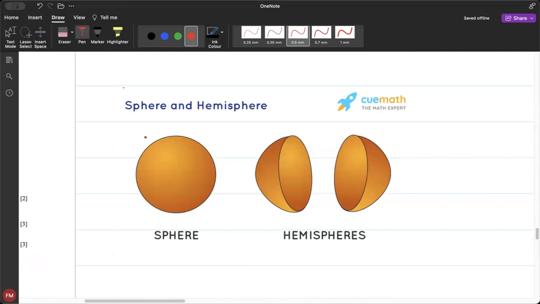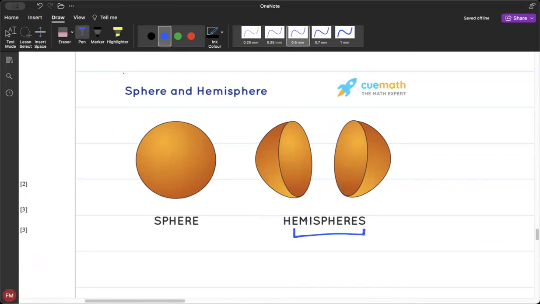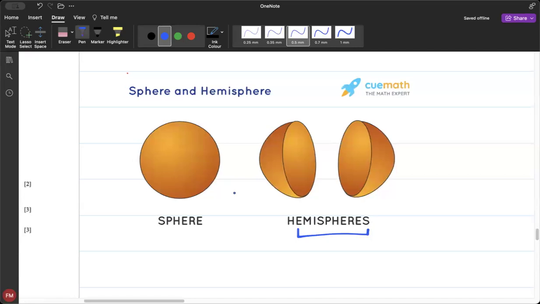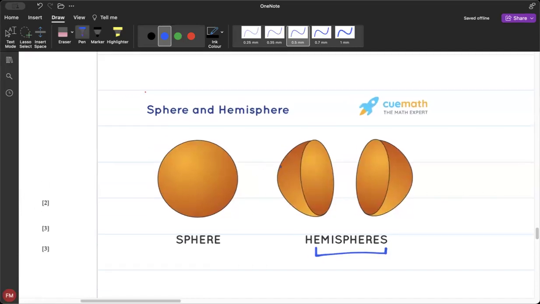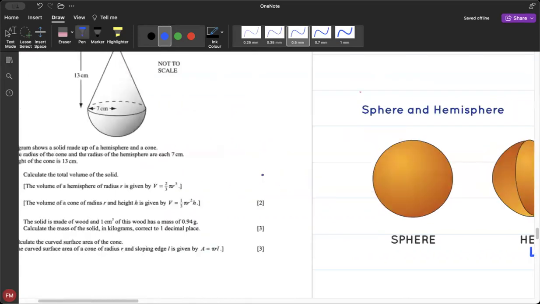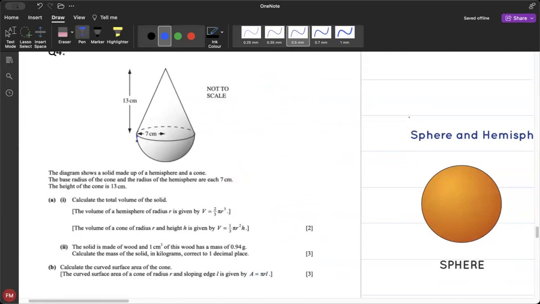And if I were to divide that in equal halves, if I were to chop it in 2 equal halves, each half is known as a hemisphere. That's the vocabulary I would expect that you should know. I've taken this screenshot from Google, so I think this is quite evident as to what the hemisphere looks like. So I can say this bottom part away, this dome shape, that's a hemisphere.